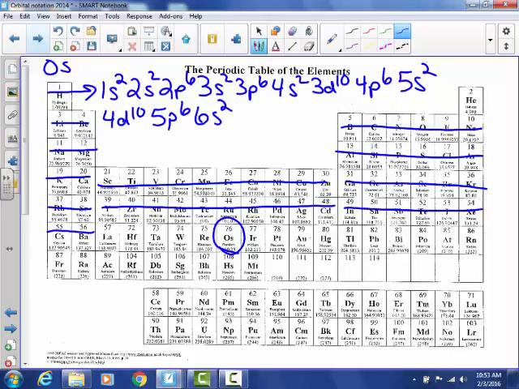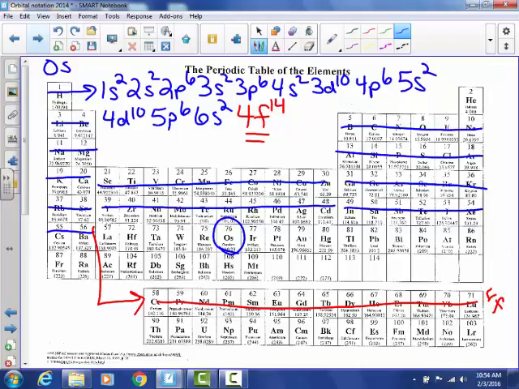Here's the one everybody forgets. From here, you have to go here. And you have to go all the way through these 4f's. So your next one is 4f14. That's the big tricky one that people miss.